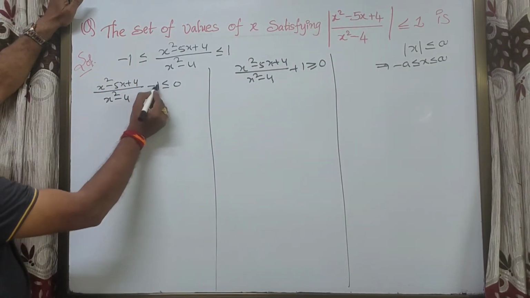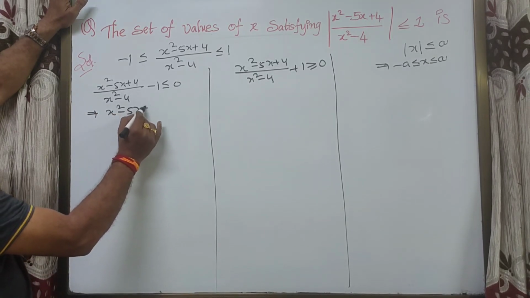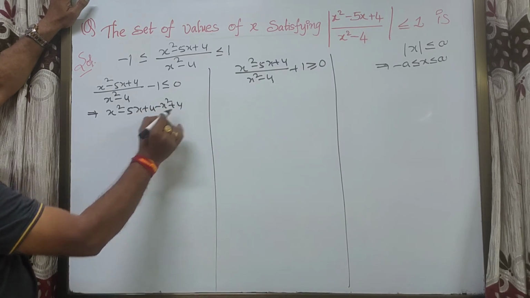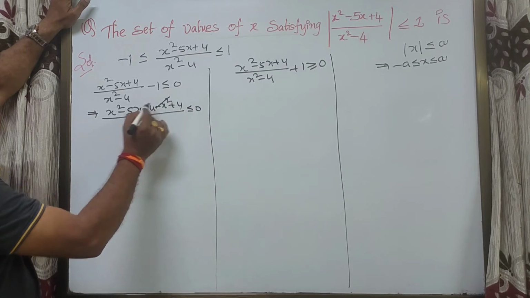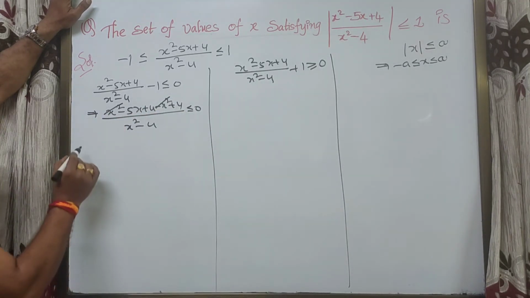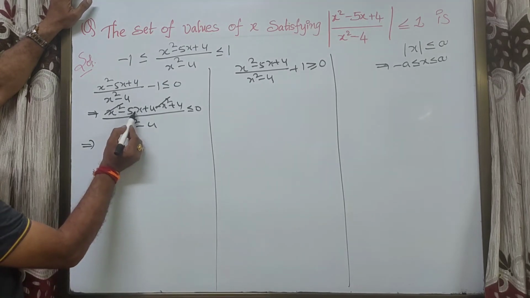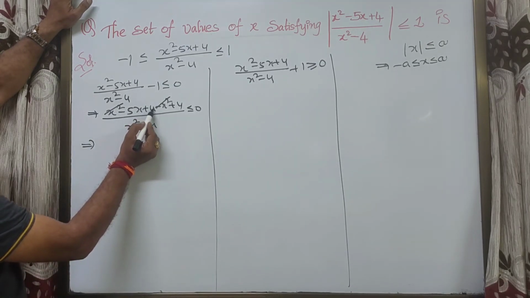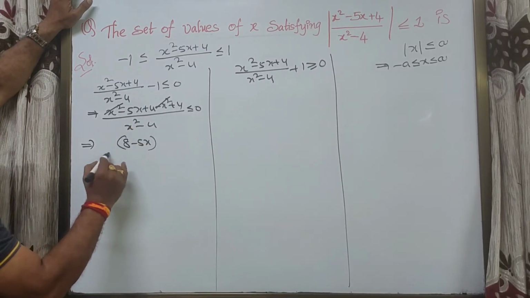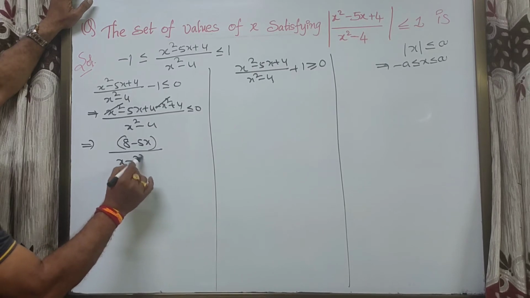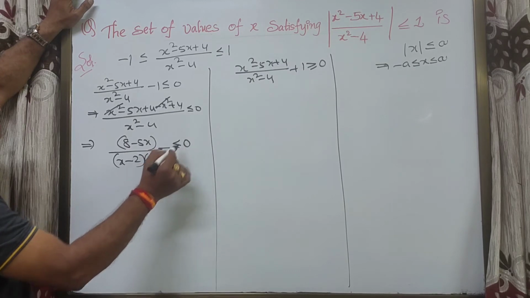Take LCM, we get x square minus 5x plus 4 minus x square plus 4 by x square minus 4 less than or equal to 0. Now students, minus 5x plus 8, minus 5x. Why we write it as x minus 2 into x plus 2 less than or equal to 0.